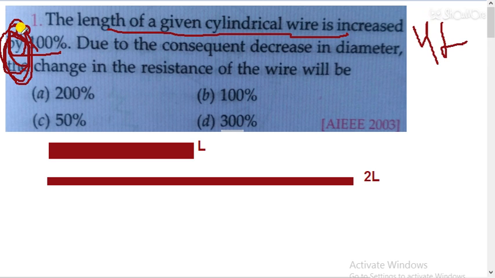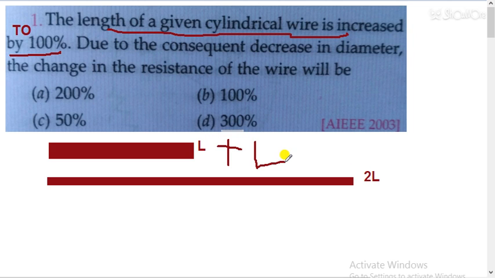So if he says increased by 100%, the new length will be L plus 100% of L, that is L plus L. If he says increased by 300%, then the new length will be L plus 3L.